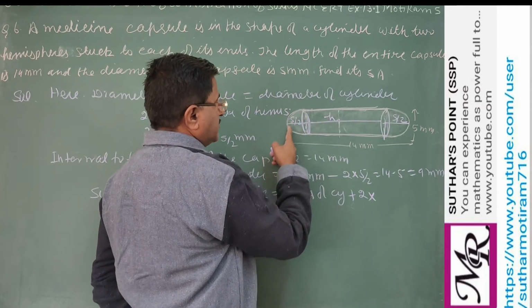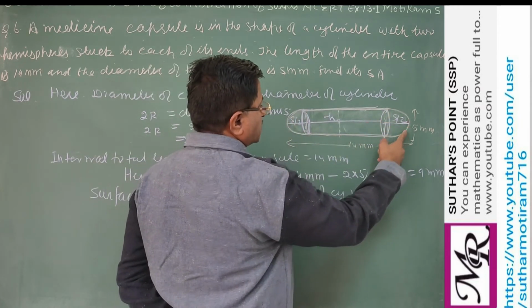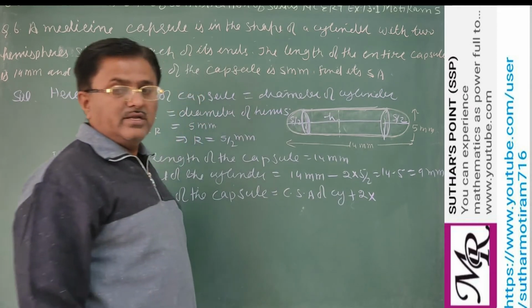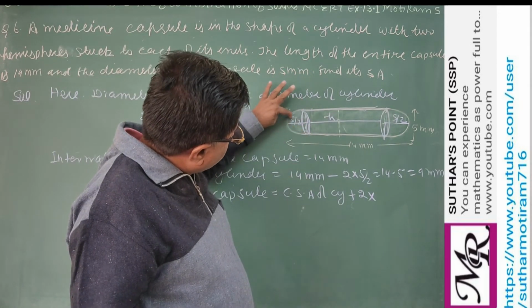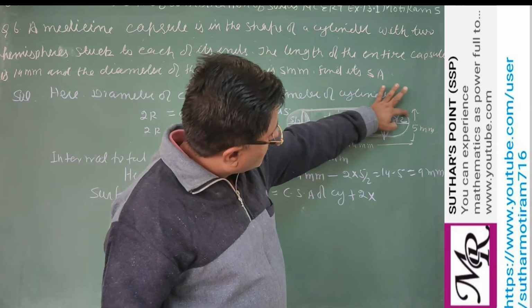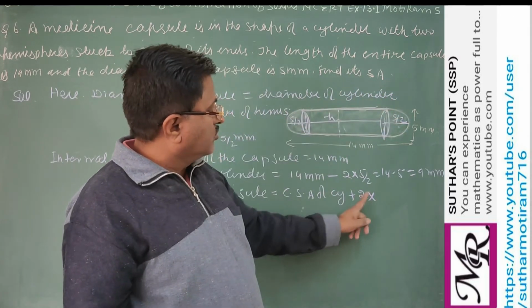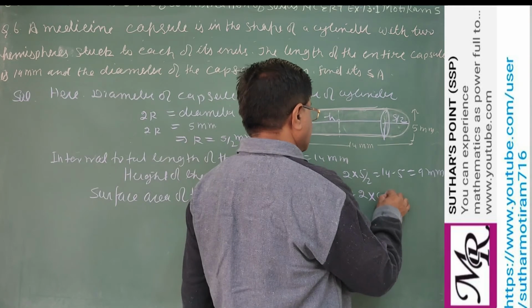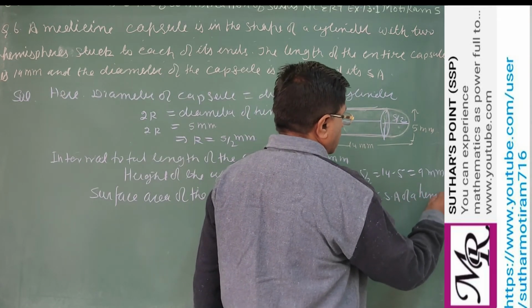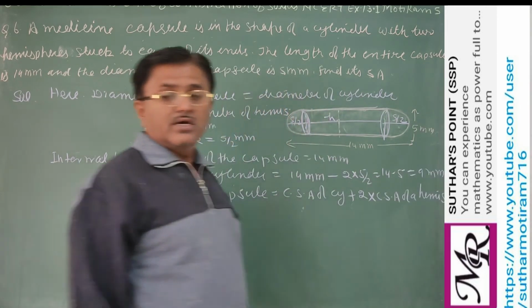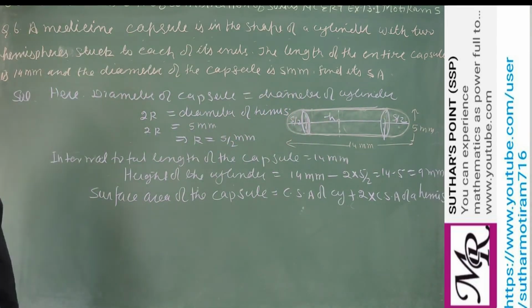This is the curved surface area of the first hemisphere. This portion is also a curved surface area, right? We want to find the outer area. So this is the curved surface area of the first plus the curved surface area of the second. Both are the same. That's why 2 into the curved surface area of a hemisphere. That is what we want to find.